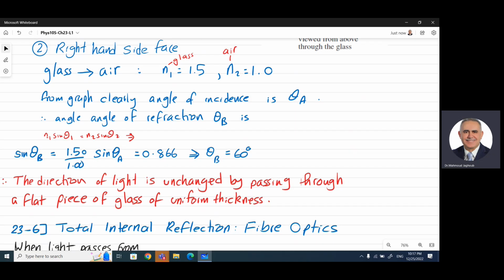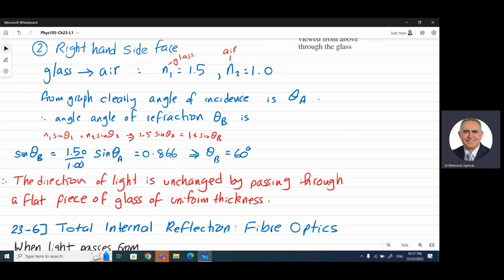N1 is for glass, which is 1.5, multiplied by sine theta A, which we found equals 35.3 degrees, must be equal to N2, which is 1 for air, multiplied by sine theta B. And you end up with sine theta B being 1.5 multiplied by sine theta A divided by 1, meaning this one, which equals 0.866.